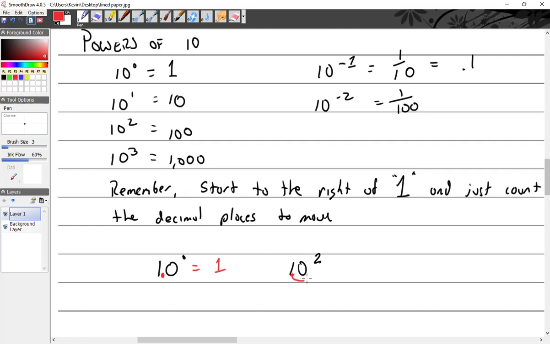I start here, go 1, 2, so it equals 100. 10 to the negative 2: start at the 1 and go backwards, 1, 2. So it equals 0.01. Just remember that's how it works.